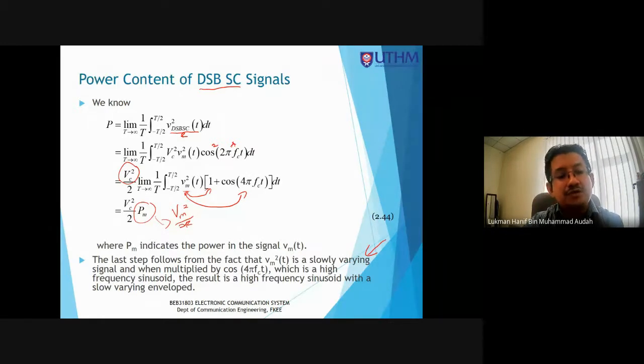Okay, so kalau dilihat total power ni, so maknanya dia Vc square, Vm square dibahagikan dengan 4R. So kalau dilihat di sini, power of the double sideband suppressed carrier is different from the double sideband full carrier. So ini jangan hafal, nanti kita akan lihat macam mana nak define semua ini. Okay.